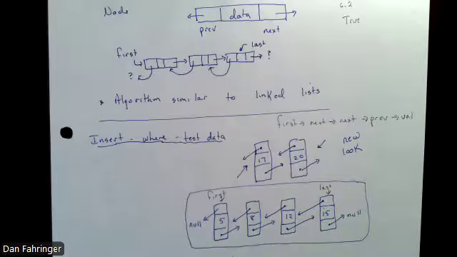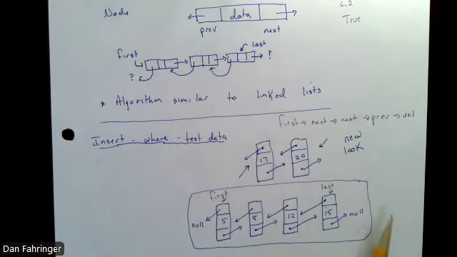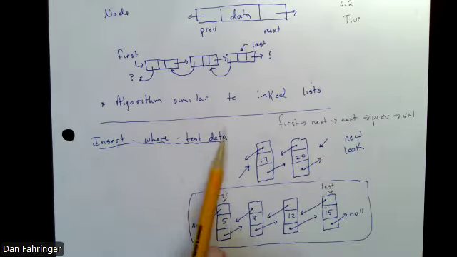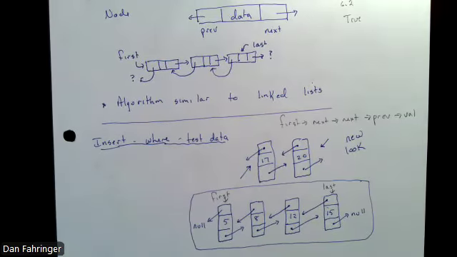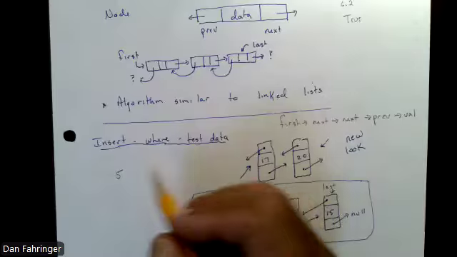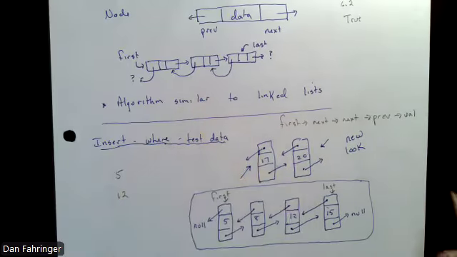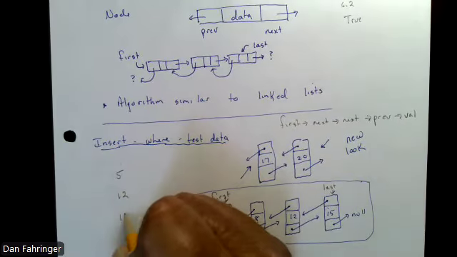To this point, I've discussed the concept and drew the picture. The next thing I would ask for is test data. Give me some test data of where things might be deleted. Give me a number. 5, 12, and 15: front, middle, end.